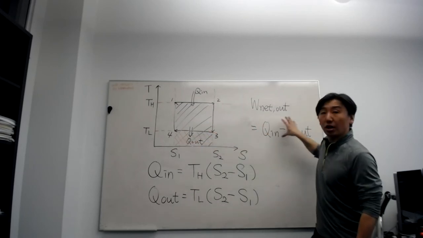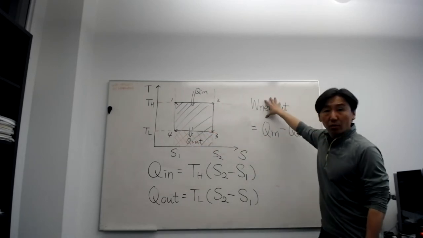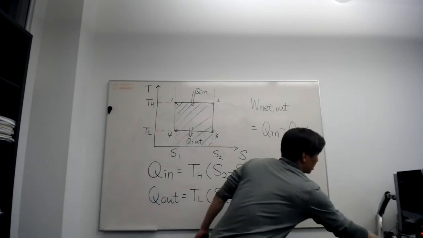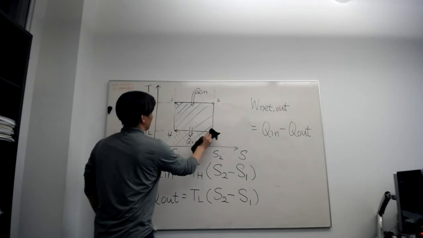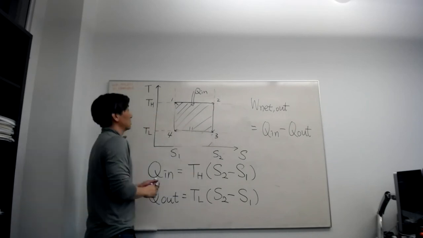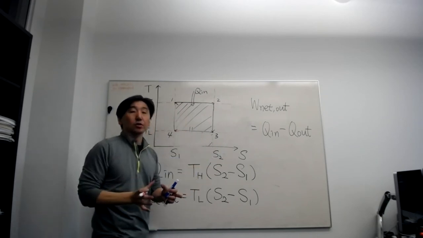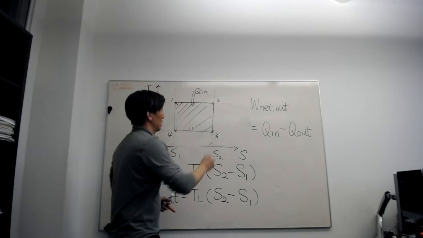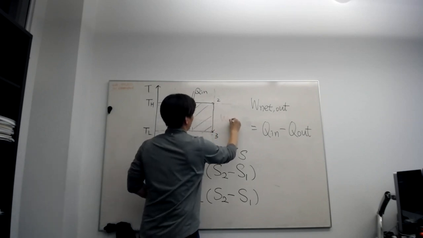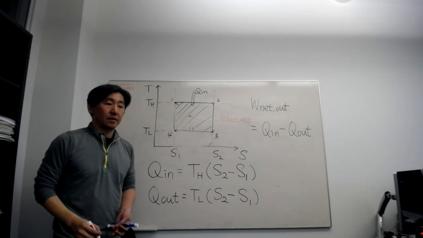The subtraction of these two gives us the area of net work out. In this case, your area is only this part. So the area of the closed loop of your cycle always gives you W net out.